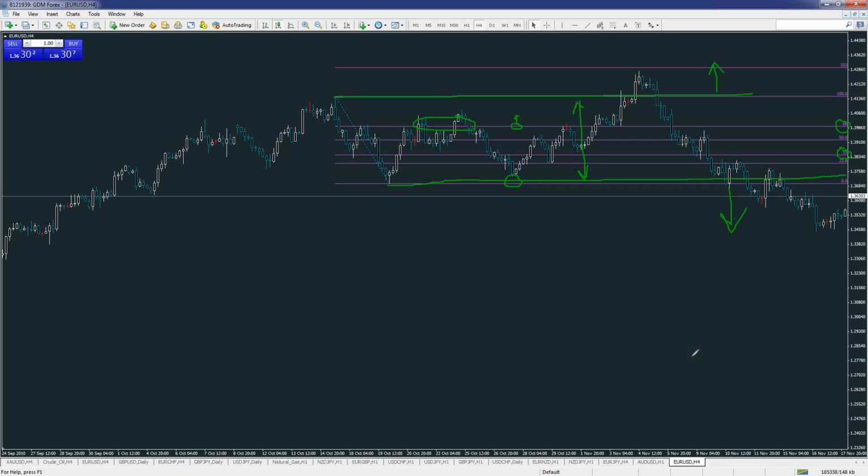Some of the traders, I'm obligated to say, are usually selling below and buying above the 50% retracement level. Now, the distance between the 66 and 50 and the 50 to 33 is pretty close to each other. So profits can be made, but profits will be small.